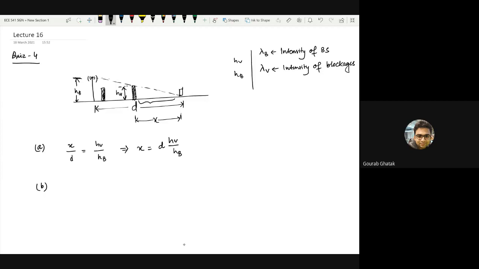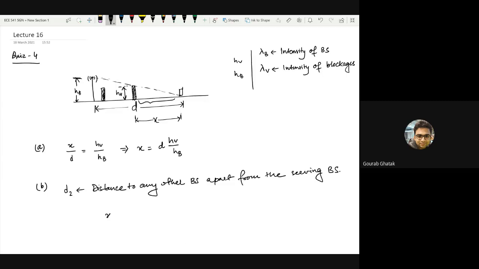Let's say the second nearest base station, or any other base station apart from the serving base station, is at a distance of d2, so this is the distance to any other base station apart from the serving base station, right?